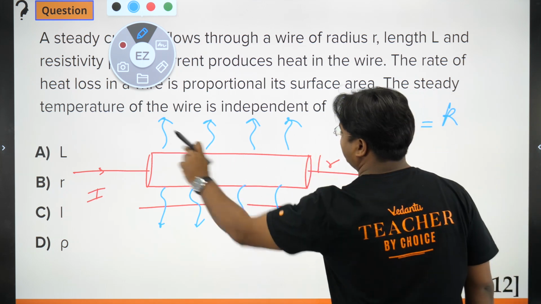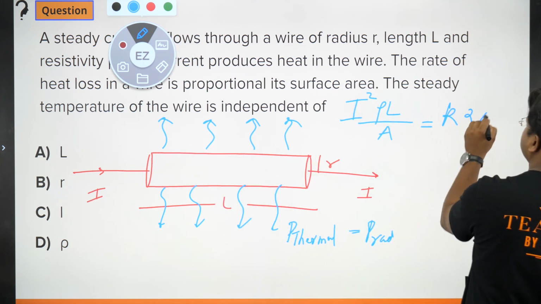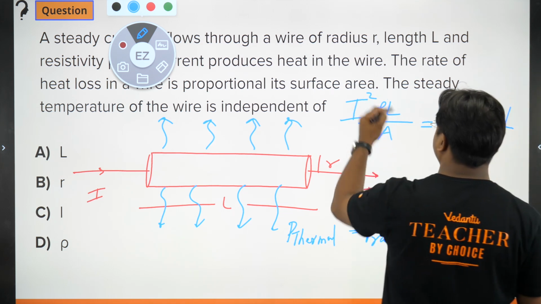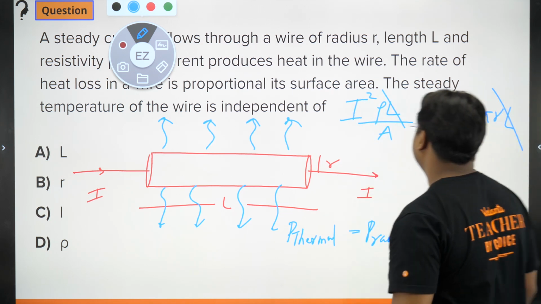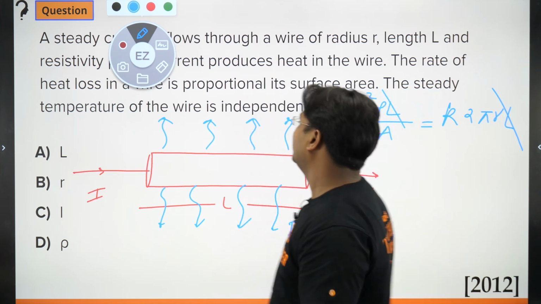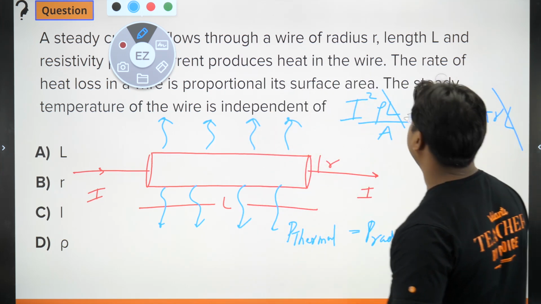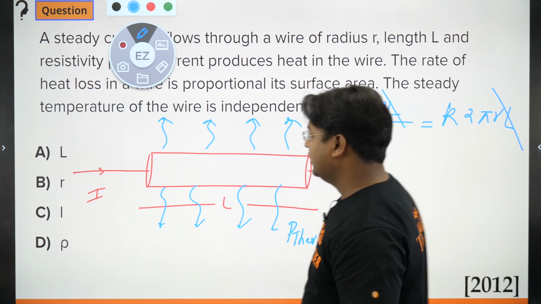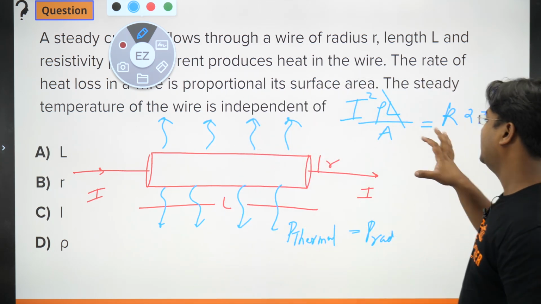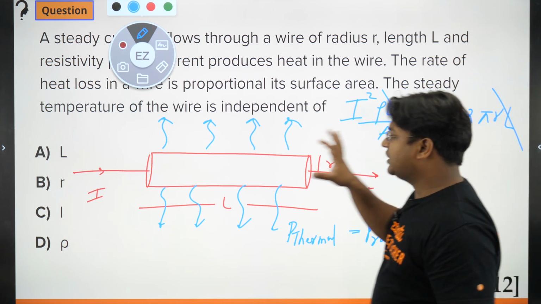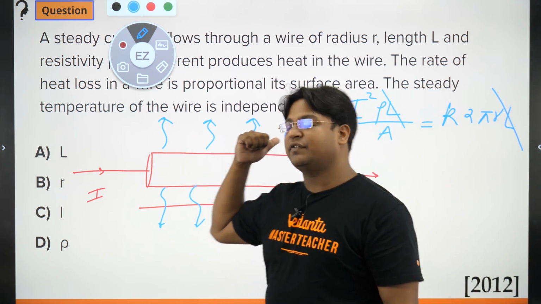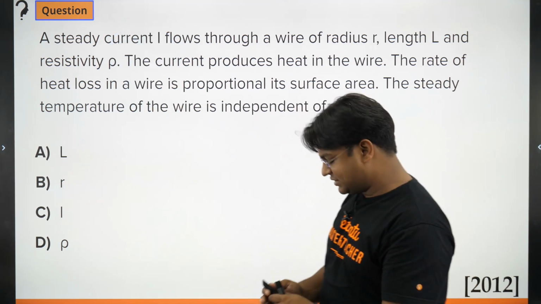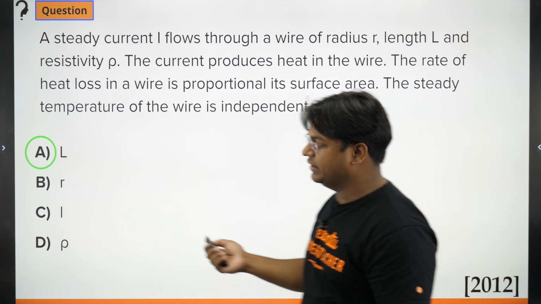Now what is the surface area of the cylinder? Can I write it as 2 pi r L? And when we actually write this, we can see that L gets cancelled. So what do we need to do? The steady temperature of the wire is independent of, you can see, the value of length. Because length gets cancelled, it will be independent of the length.